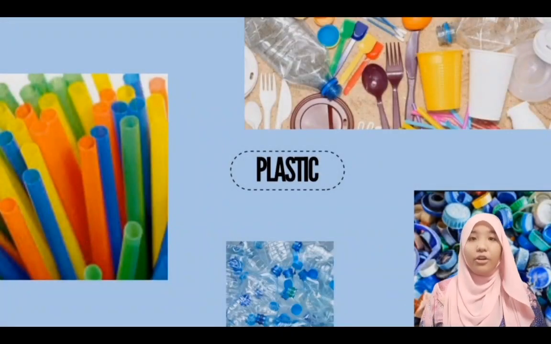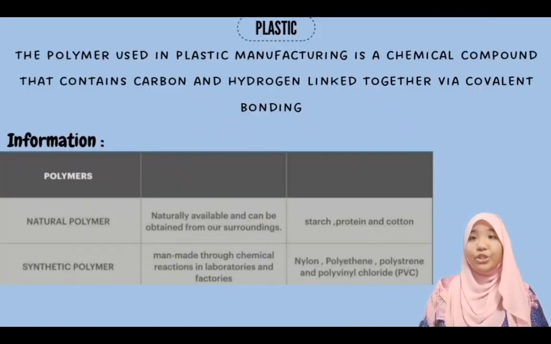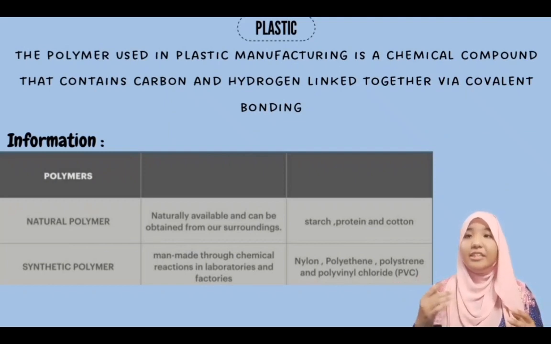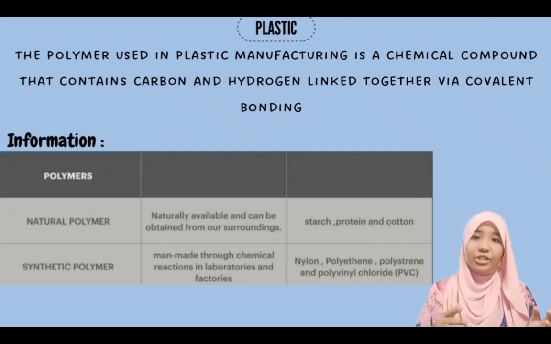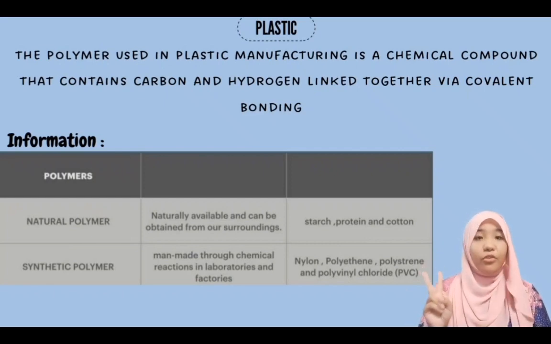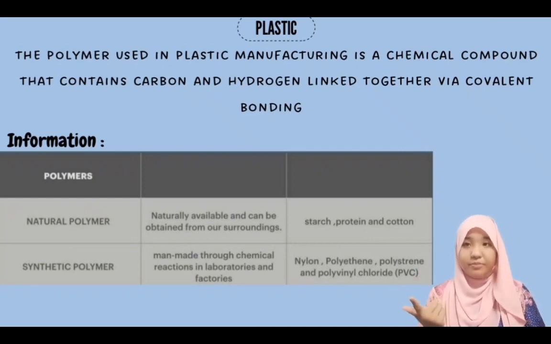Next, we move on to plastic. The polymer used in plastic manufacturing is a chemical compound that contains carbon and hydrogen linked together via covalent bonding. There are two types of polymers, that is natural polymers and synthetic polymers.